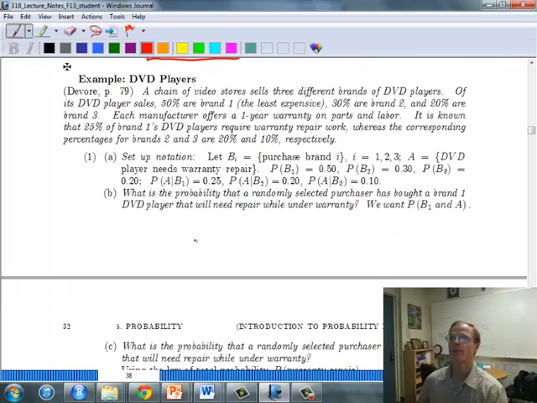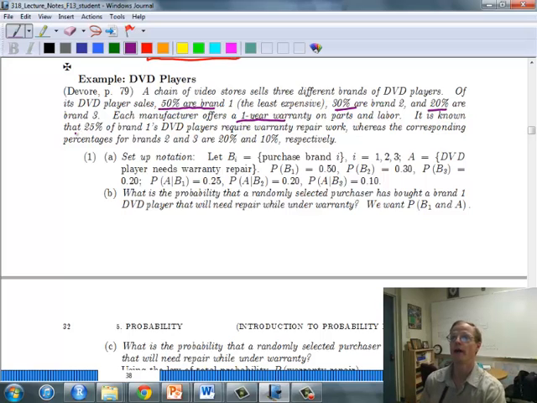As an example, we will consider a chain of video stores. They've got 3 different brands of DVD players. Okay. Now, 50% are brand 1, 30% are brand 2, 20% are brand 3. Okay, great. Each one gets a 1-year warranty on parts and labor. Awesome.